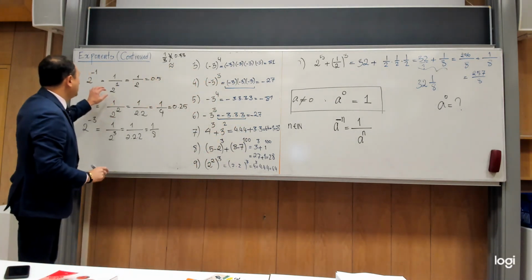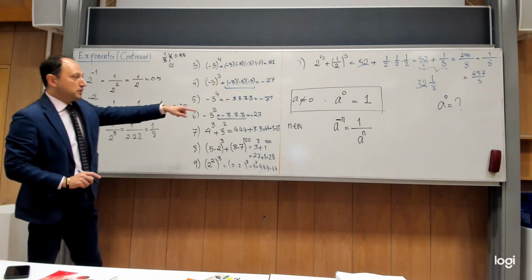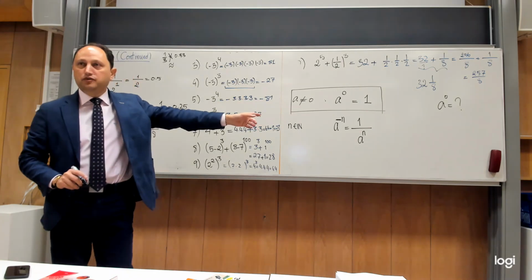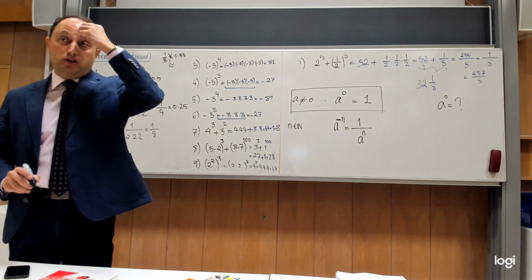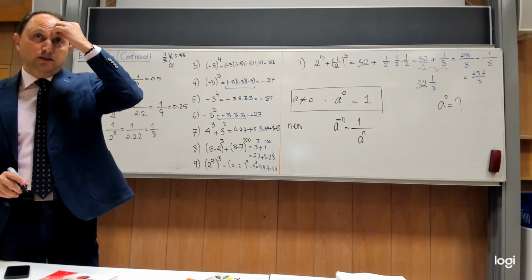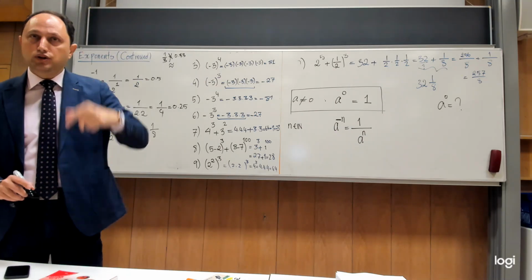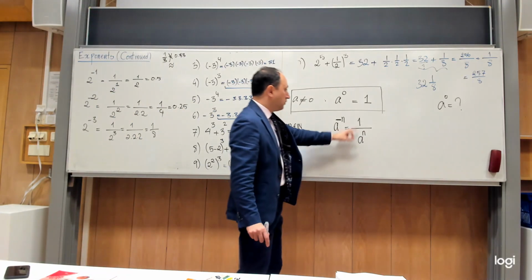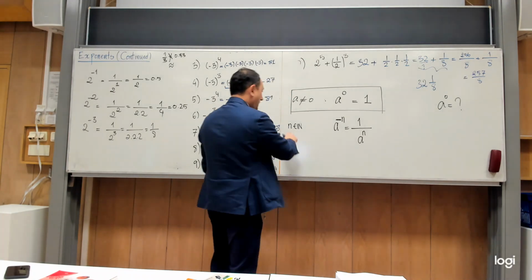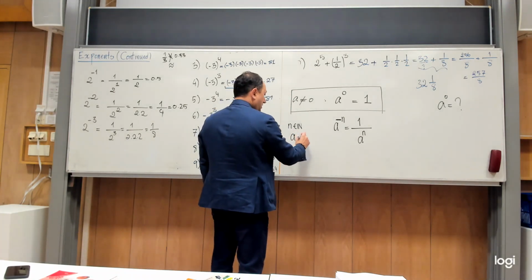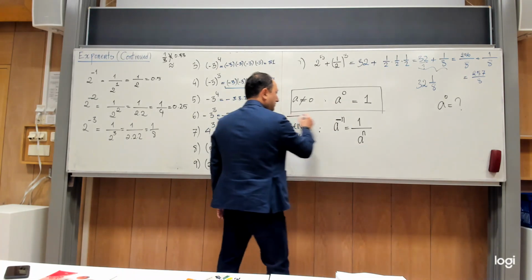So far I didn't have any limitation for the base, but here there is an exception. What's that exception? Yes, Sergey? A shouldn't be 0. If a is 0, 1 divided by 0 is not defined. So n belongs to the natural numbers, a is not equal to 0, then I have this formula.